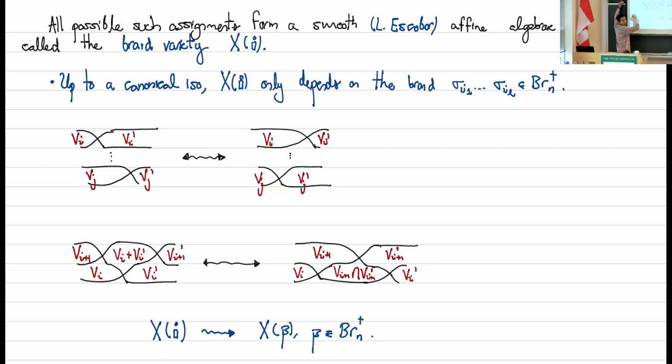Yeah, exactly, and they're not equal. And here, if I know these 4 subspaces which are the same, this is forced to be the intersection. Okay? So this is why braid relations are preserved, and why this variety doesn't depend on the braid word, but only on the braid defined by it.